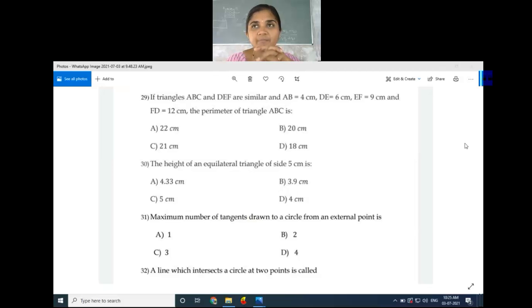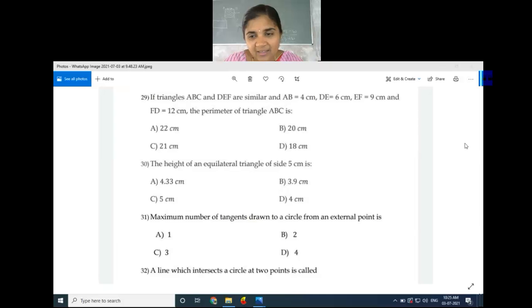Ratio concept. How? Can you explain that ratio concept, Vaishnavi? AB by DE is equal to 2 by 3. So we should get BC by EF is equal to 2 by 3. Yes.